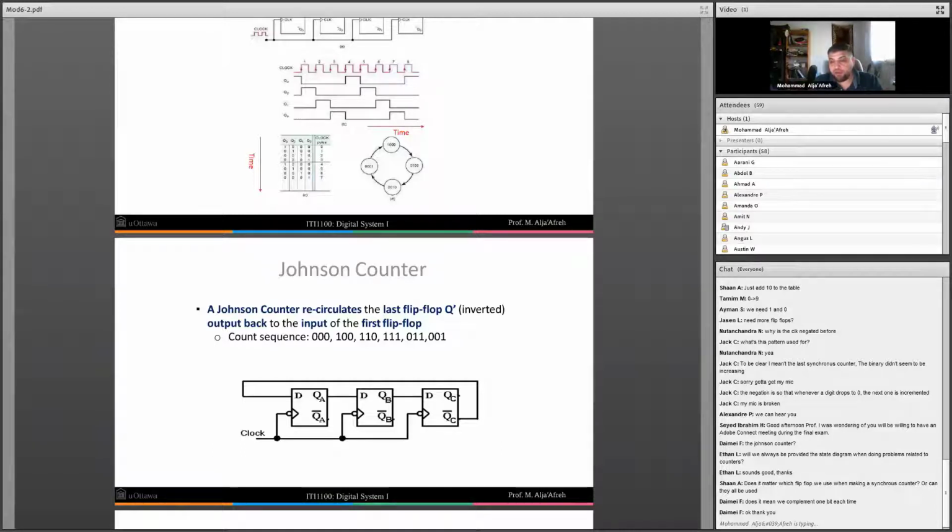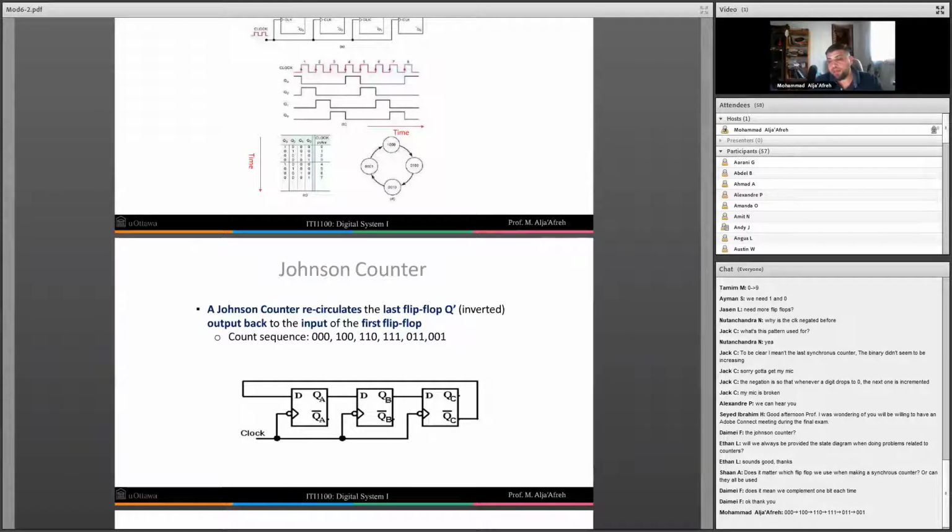I'm typing. 1, 1, 0. 1, 1, 1. 0, 1, 1. 0, 0, 1. That's the answer. I did not need anything except my keyboard.